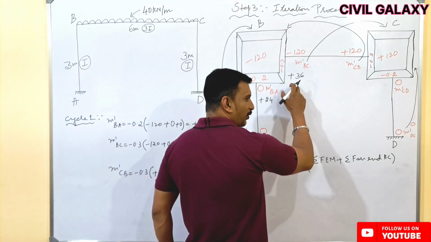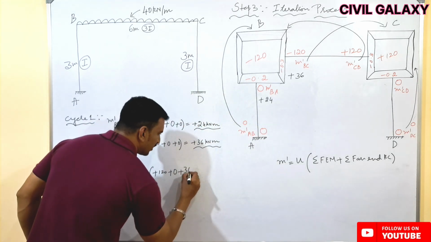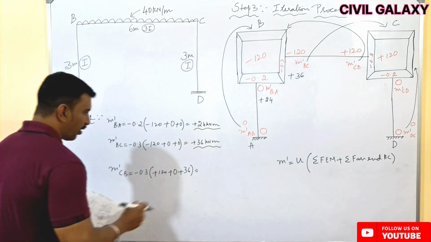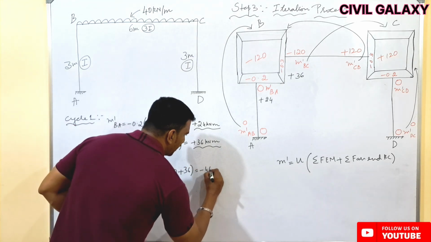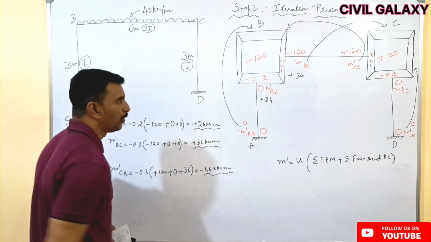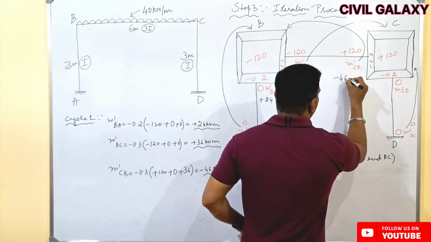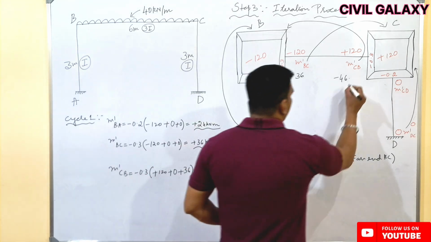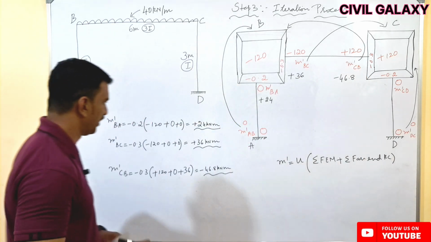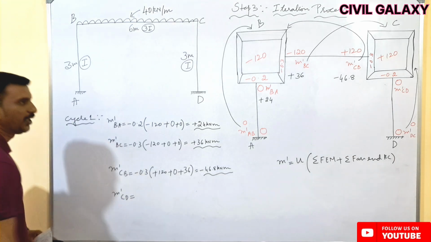We have got a new iteration value, which we have to consider, which is plus 36. So now we are getting a value of minus 46.8 kilonewton meter. This value we need to write over here, minus 46.8 kilonewton meters.